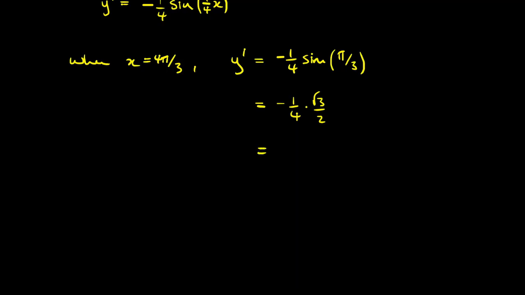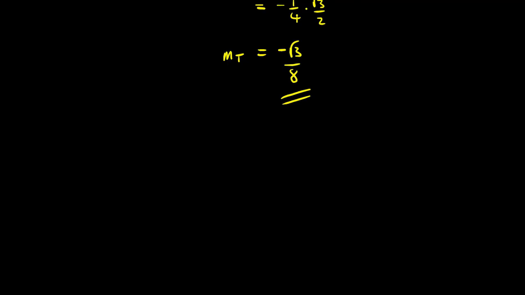Okay, well, if we get this, then it can simplify to be minus root 3 upon 8. So that means the gradient of the tangent is equal to minus root 3 upon 8, because differentiation tells you the gradient of the tangent. Then, how do we get the gradient of the normal? Well, if two gradients are perpendicular, such as the tangent and the normal, then their product is equal to -1. m1 times m2 is equal to -1 if those two gradients are perpendicular.